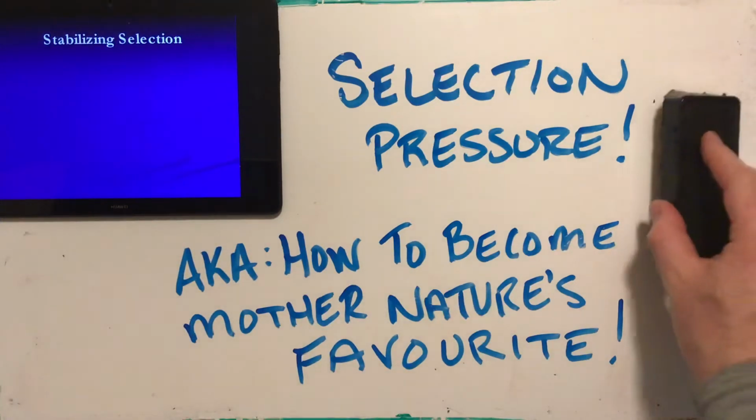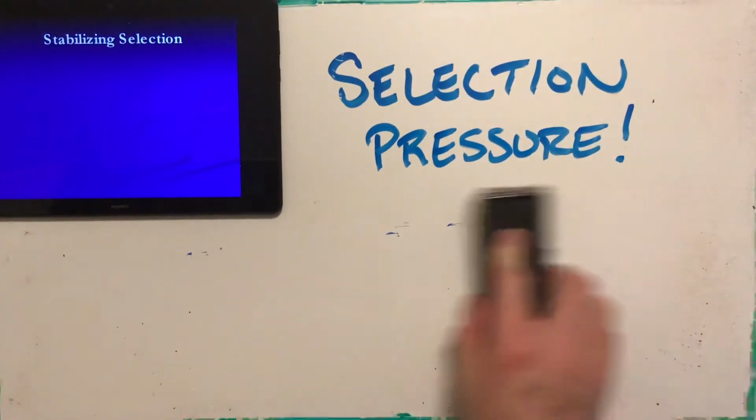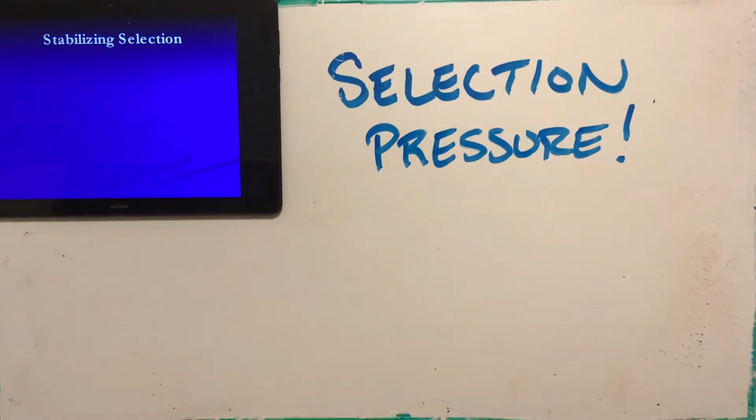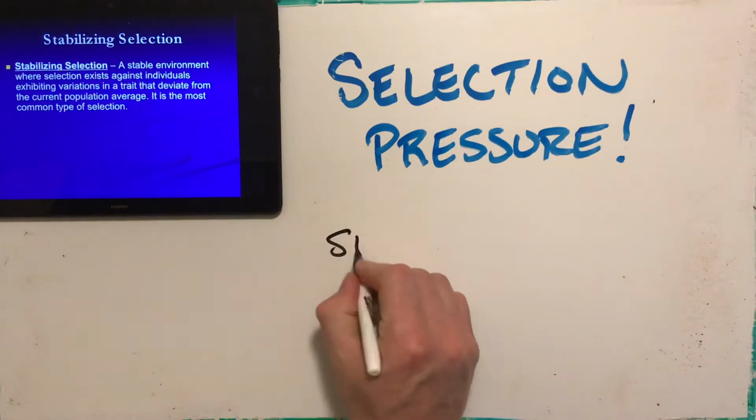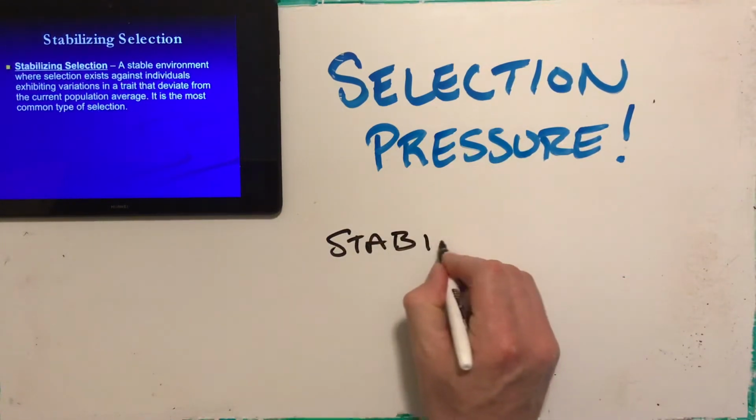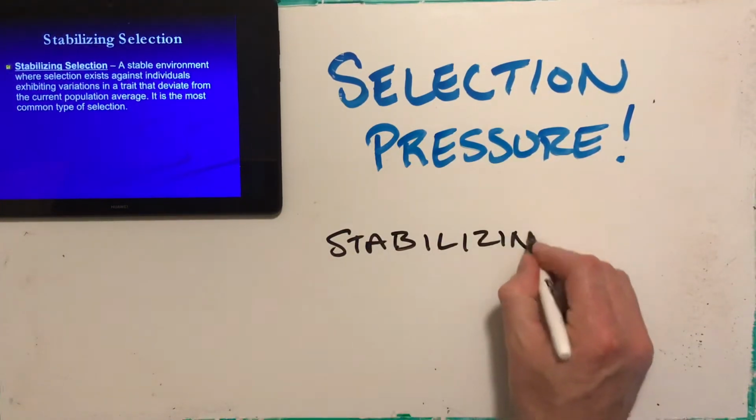So let's talk. There's different types of selection pressure. All right. The first one is stabilizing. With stabilizing selection pressure, well, it is what it sounds like. The environment, Mother Nature, is stable. So day after day after day, the conditions are the same, right? So nothing is really changing here.